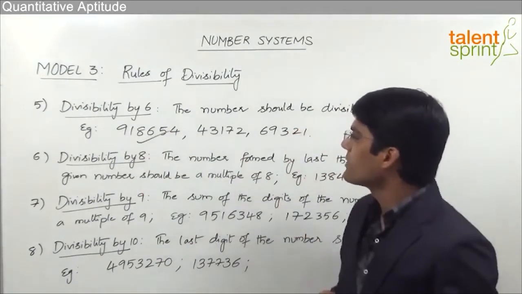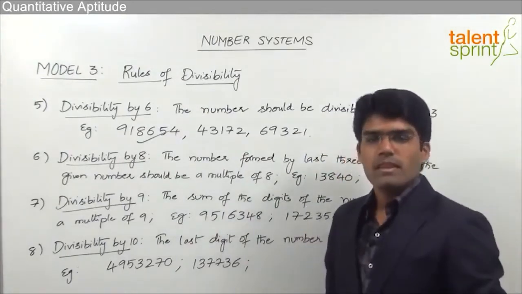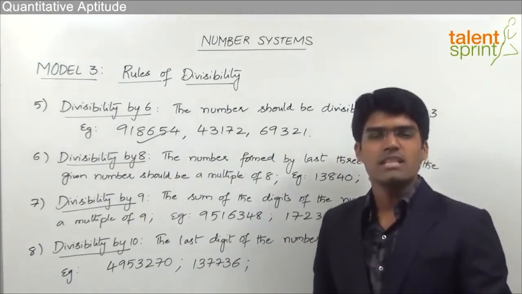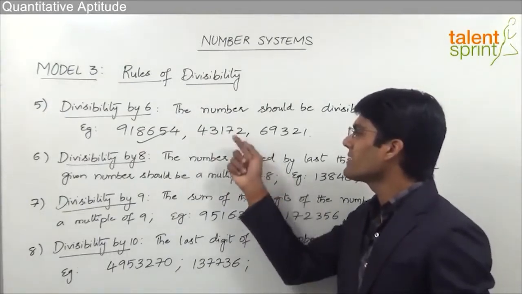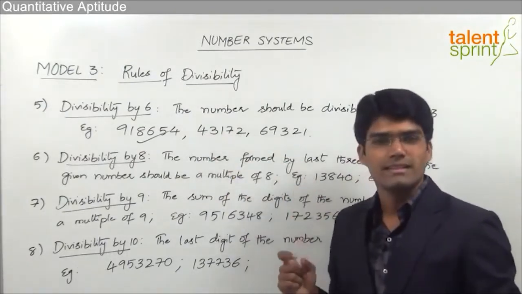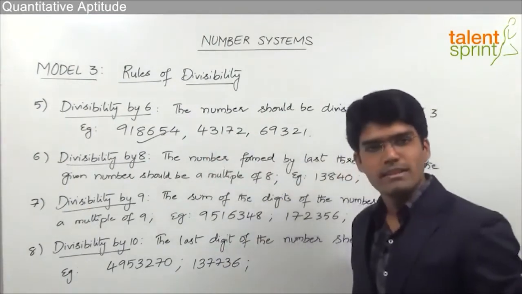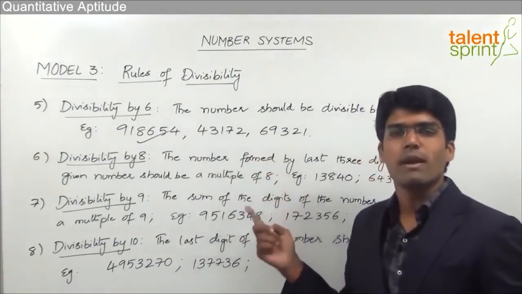Moving on to the next example, 43172, that is 43,172. Now as the given number is even, it is divisible by 2. Let us now see the divisibility by 3. 4 plus 3 is 7, plus 1 is 8, plus 7 is 15, plus 2 is 17. 17 is not a multiple of 3. Hence this number is not divisible by 3. So we can see that the number given here is divisible by 2 but not by 3.